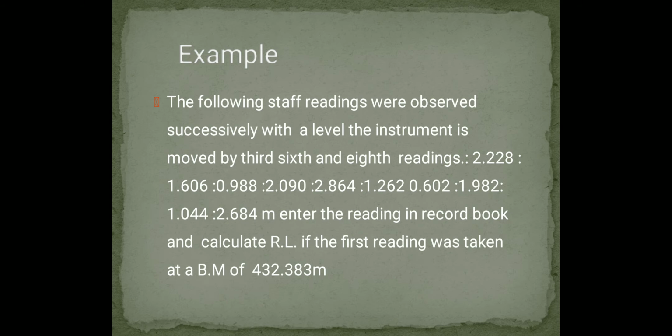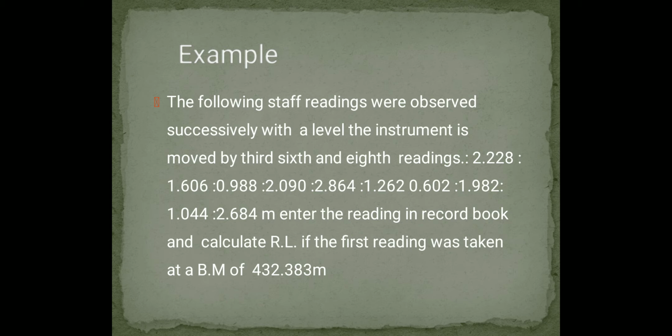Here, let us see an example. The following staff readings were observed successively with the level instrument moved after the third, sixth, and eighth readings: 2.228, 1.0606, 0.988, 2.090, 2.864, 1.262, 0.602, 1.982, 1.004 and 2.684.